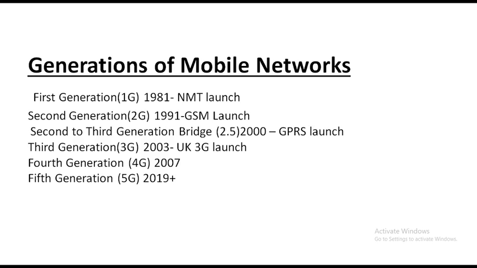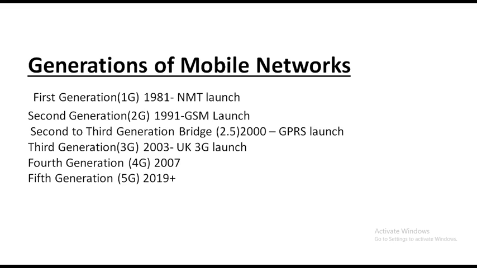Here they have used GSM. GSM stands for Global System for Mobile Communication. It was one of the most popular methods to establish the communication among the people through mobile network. And it uses the frequency from 900 to 1800 megahertz.